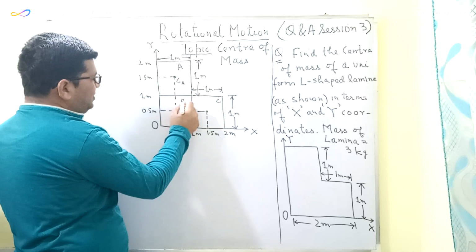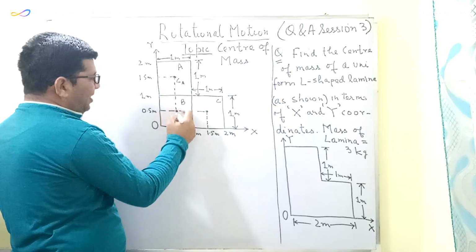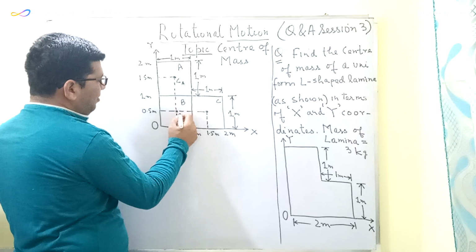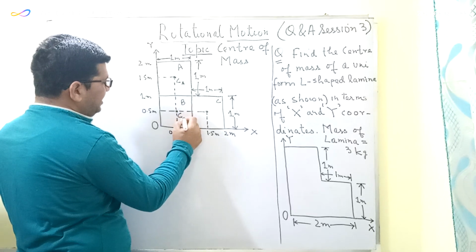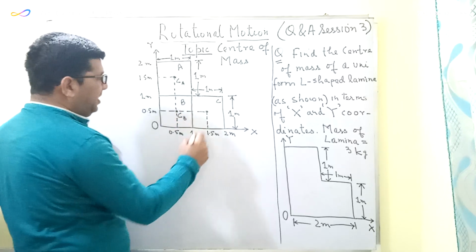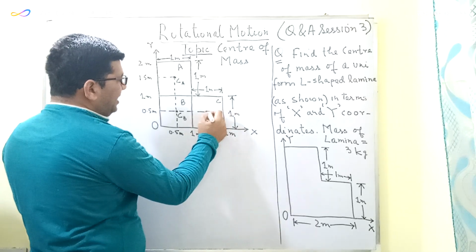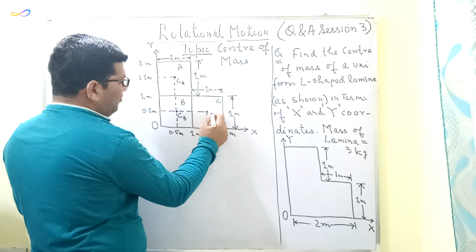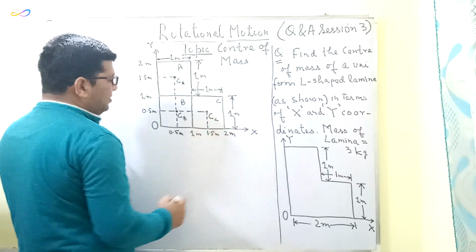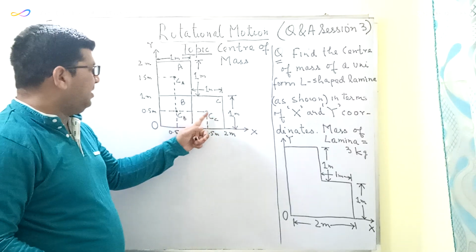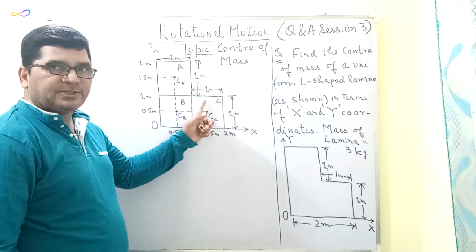The center of mass of this portion will be lying at its center, let us denote it as CB, and the center of mass of this portion will be lying at this center, which I am denoting as CC.